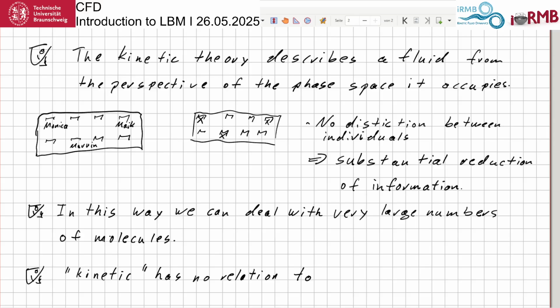But the word kinetic can mean different things, and what all the definitions have in common is that they describe changes between states. Otherwise they mean very, very different things. So kinetic has no relation to the mechanical kinetics. I don't like the word, but I cannot change physics. This is the name that was given to it.